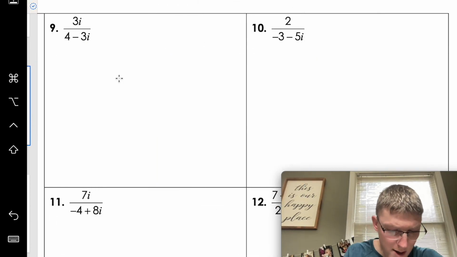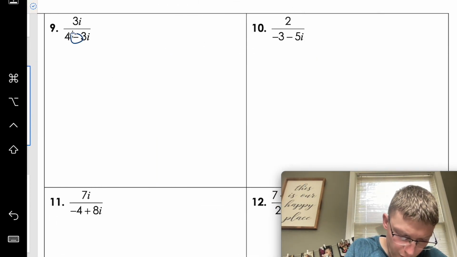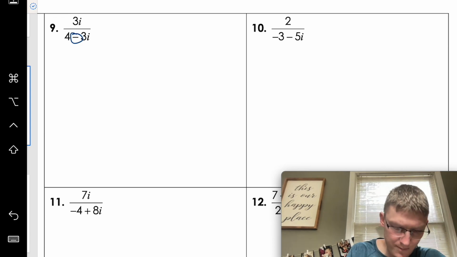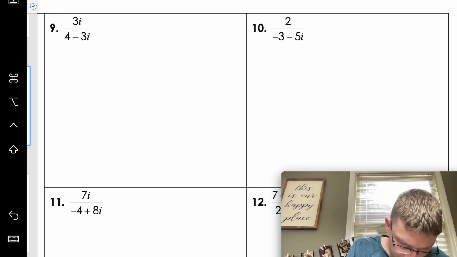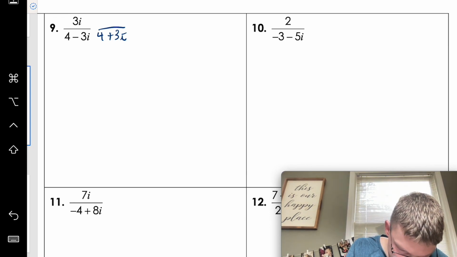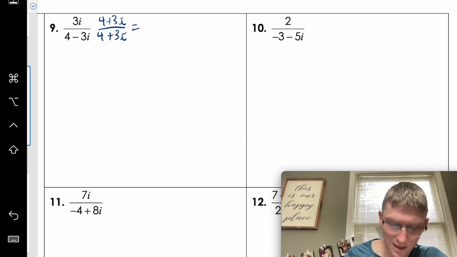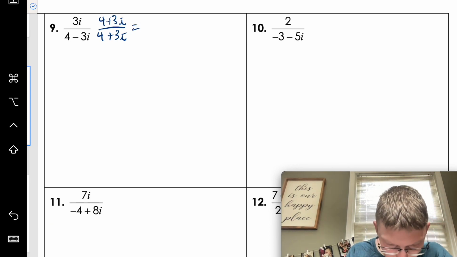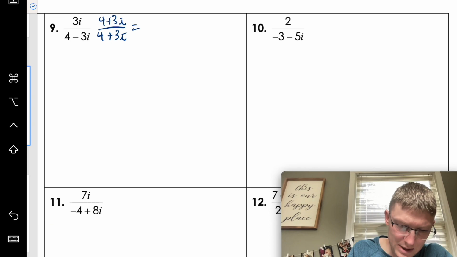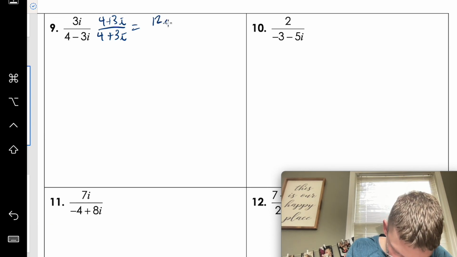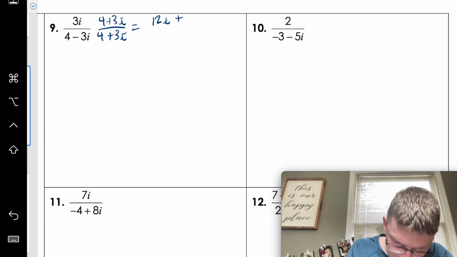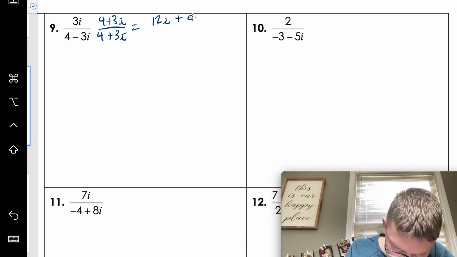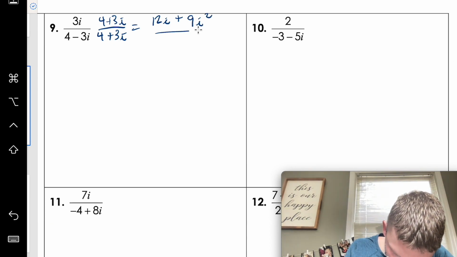So if we look at number 9, we're going to look for our complex conjugate. It's going to be opposite of that sign. So it's going to be 4 plus 3i over 4 plus 3i, and let's do some math. So 3 times 4 is 12i, plus 3 times 3i is going to be 9i squared.